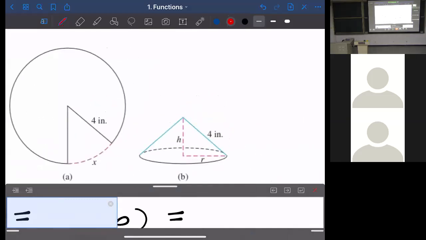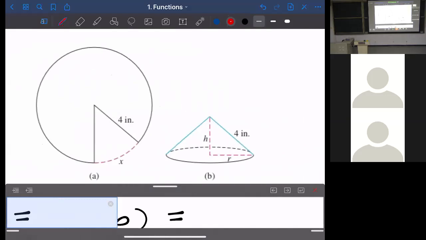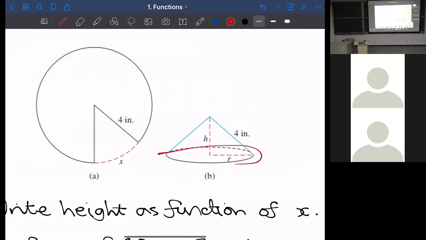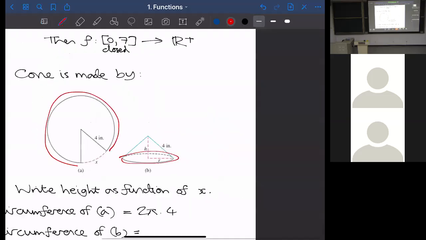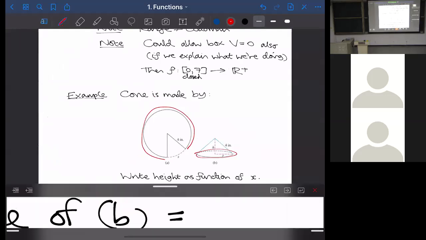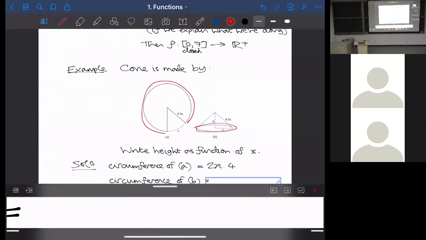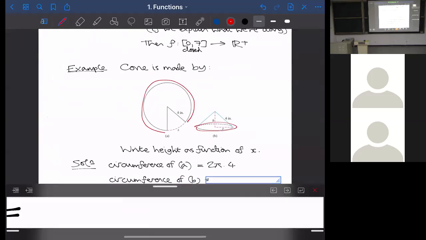So this is the circle in B. And if we see how it is made, of a part of the circle in A. So the length of the part of the circle in A is 2 pi times 4 minus x.